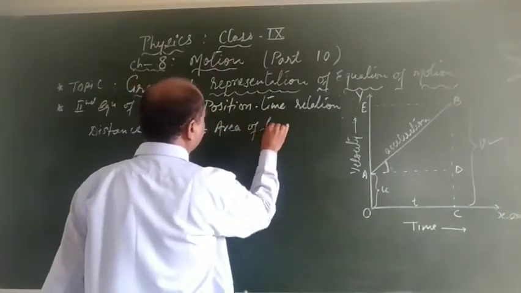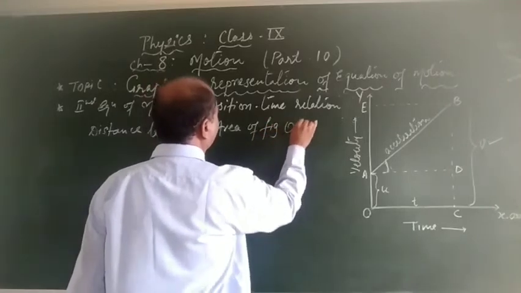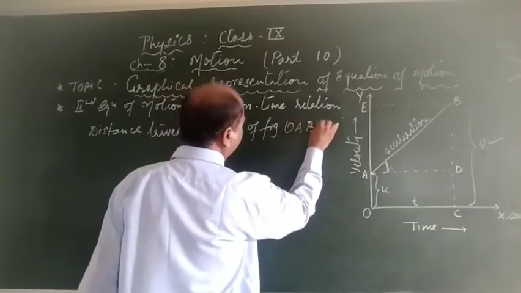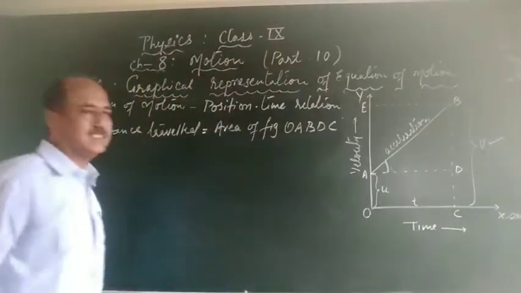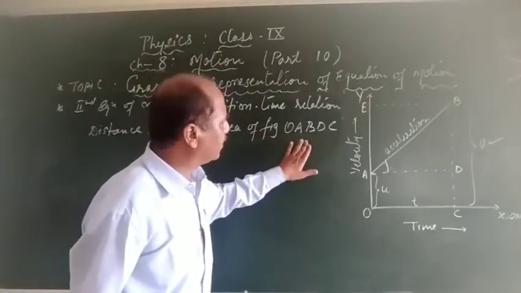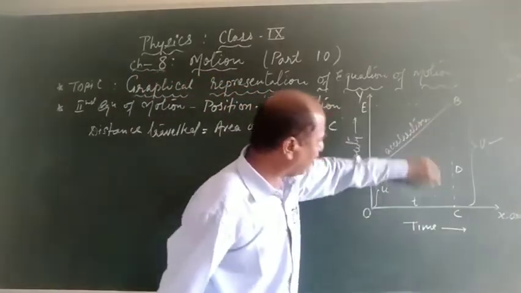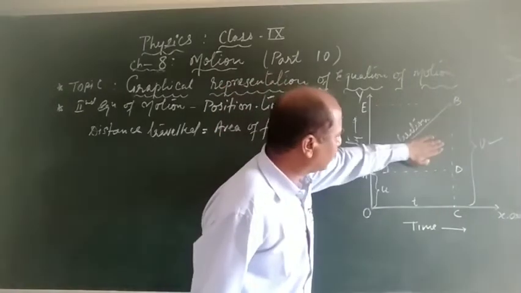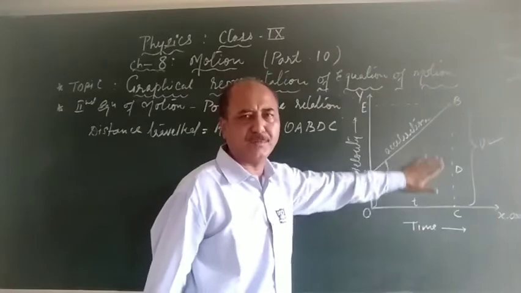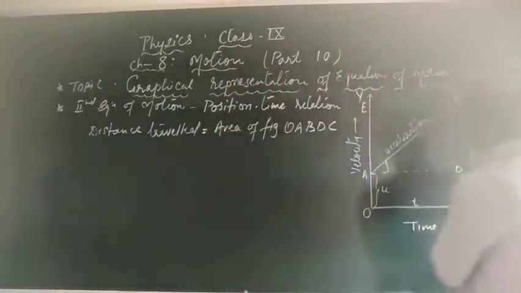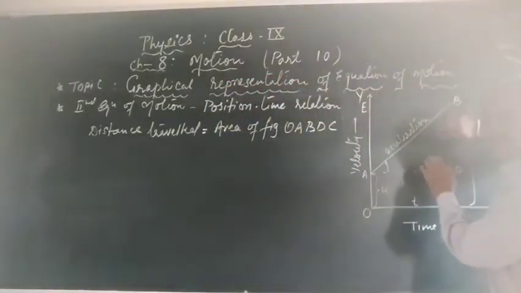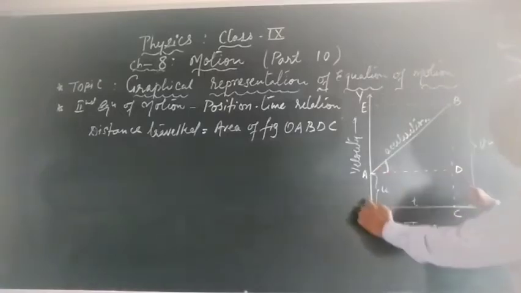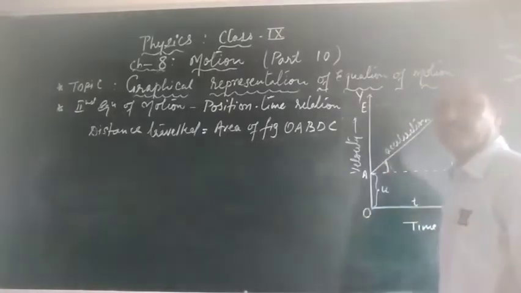Area of figure OABDC. Now you can see in this figure we have got a triangle and a rectangle. I think it is visible to you. The upper part is a triangle, and the lower part is a rectangle.